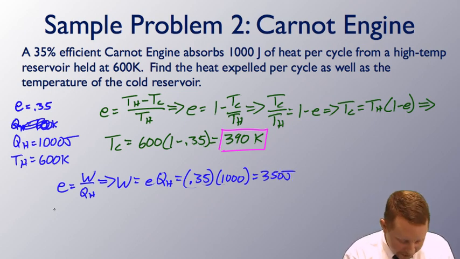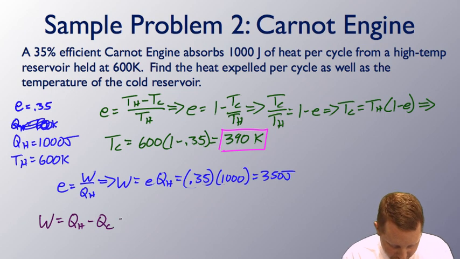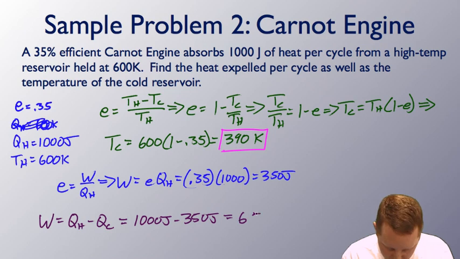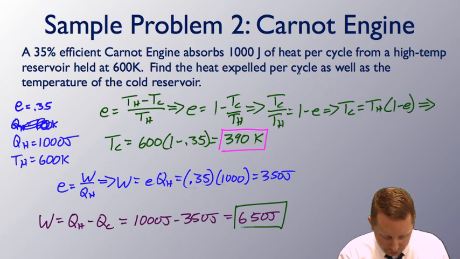Once we have that, the work done is QH minus QC, which is going to be 1,000 joules minus 350 joules, for a total of 650 joules. So the heat expelled per cycle is 650 joules, and the temperature of the cold reservoir is 390 K.